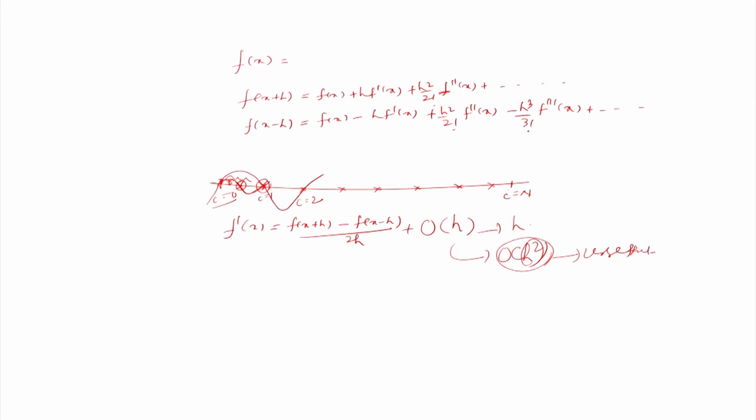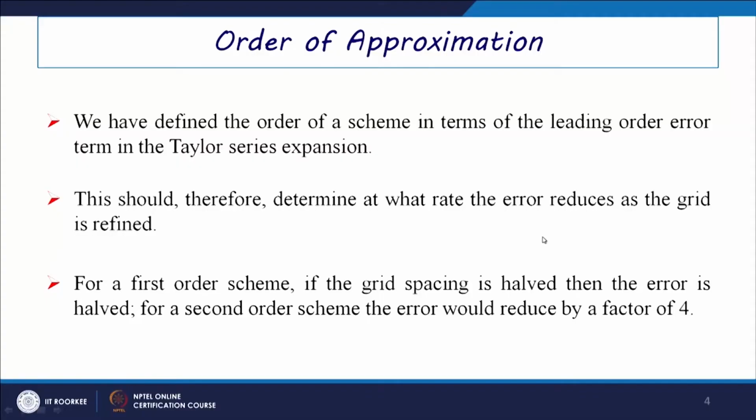But if we consider only h, then even though it has a small value, it may contribute something in the solution process that may create a problem. So, that should therefore determine at what rate the error reduces as the grid is refined.